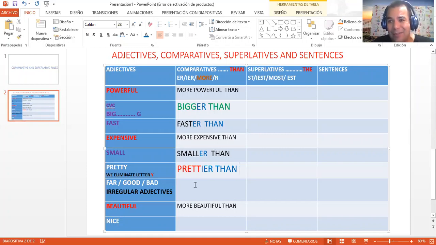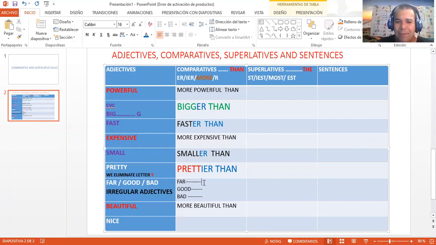So now here comes the 5th rule, which is far, good, and bad. Those are irregular adjectives. What that really means is that the writing for the comparative of these adjectives is gonna change.